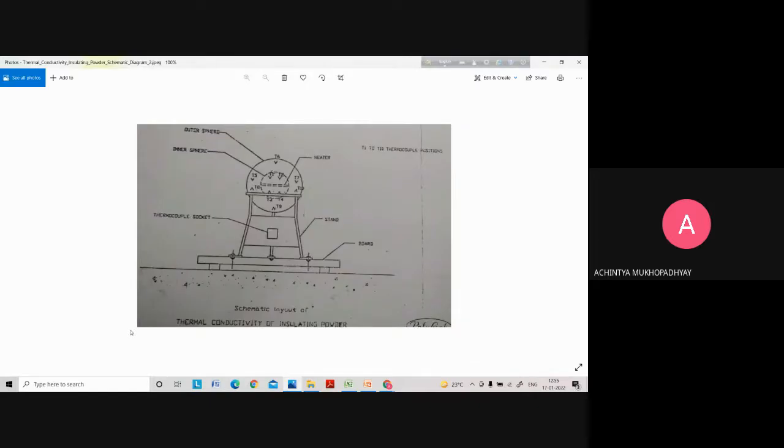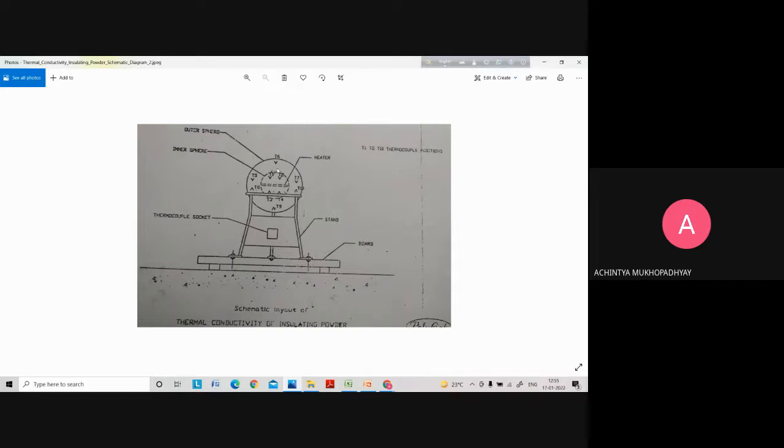These are some of the sketches provided by the manufacturer. This is how the chair is there. The support is not very clearly shown, but the thermocouple readings and the thermocouple positions are shown here. This is again a schematic diagram.